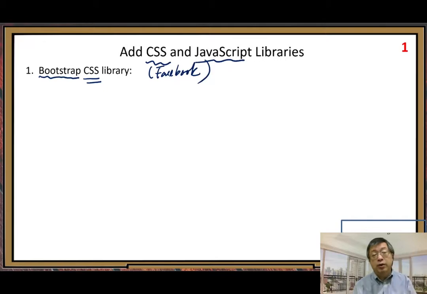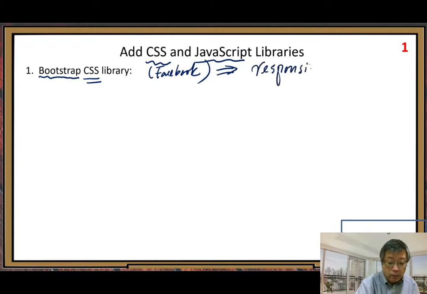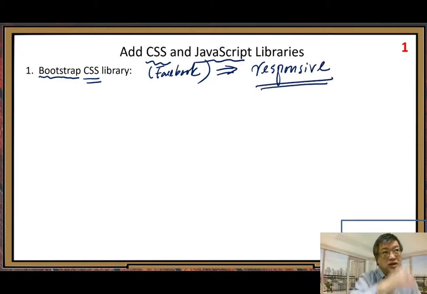Another important feature of this Bootstrap library is that it can make your pages responsive. That terminology is another important consideration in web development. Responsive. So what's that? It does not mean the response time is faster.